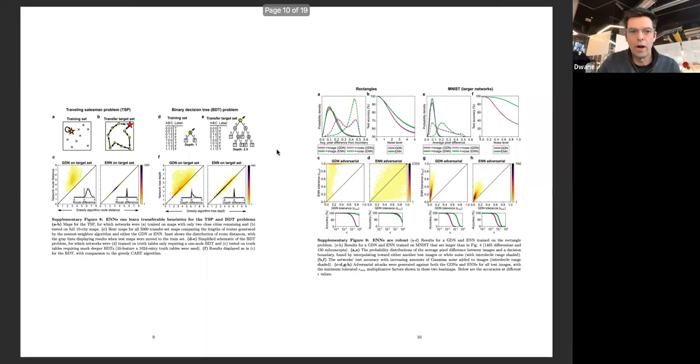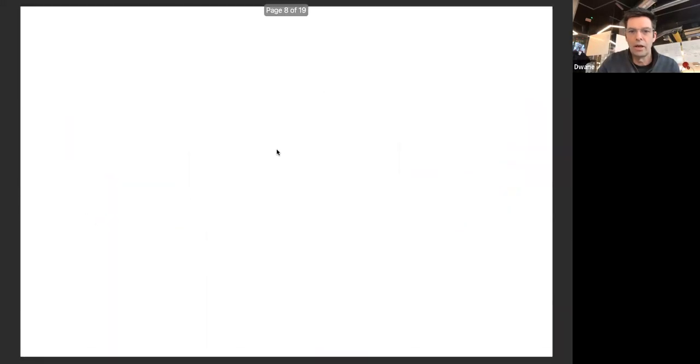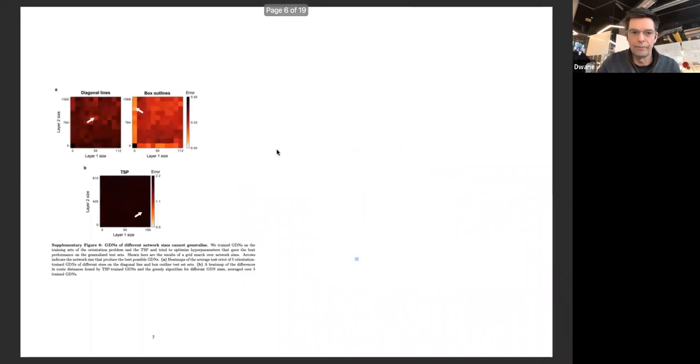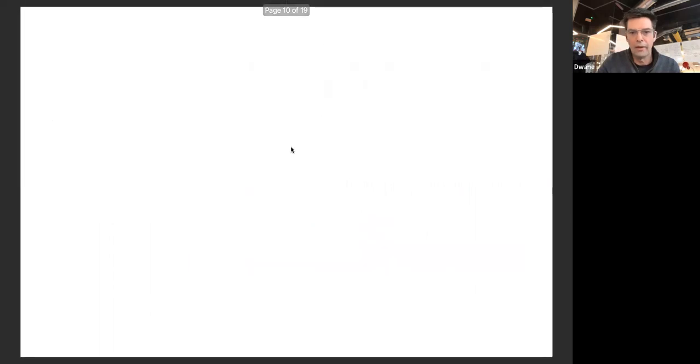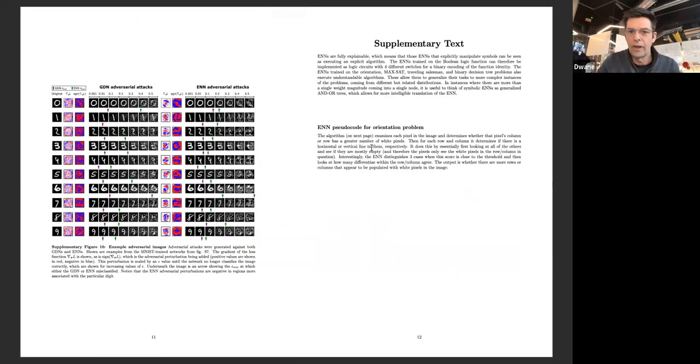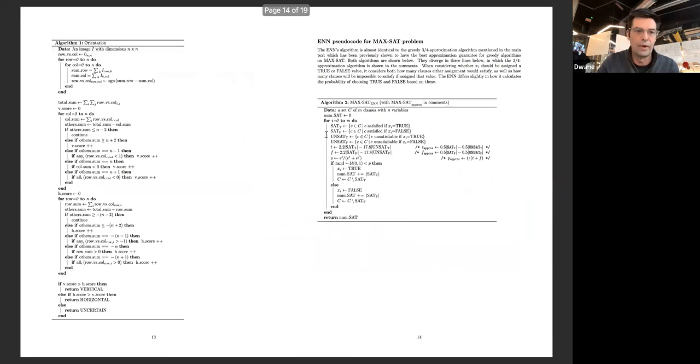Here what I found very nice, or that blew me away a little bit, was the traveling salesman problem. That and a few of the others, like the orientation problem, they started turning the outputs of their explainable neural networks into pseudocode. So here's the pseudocode that they've got, and I think that's really powerful.